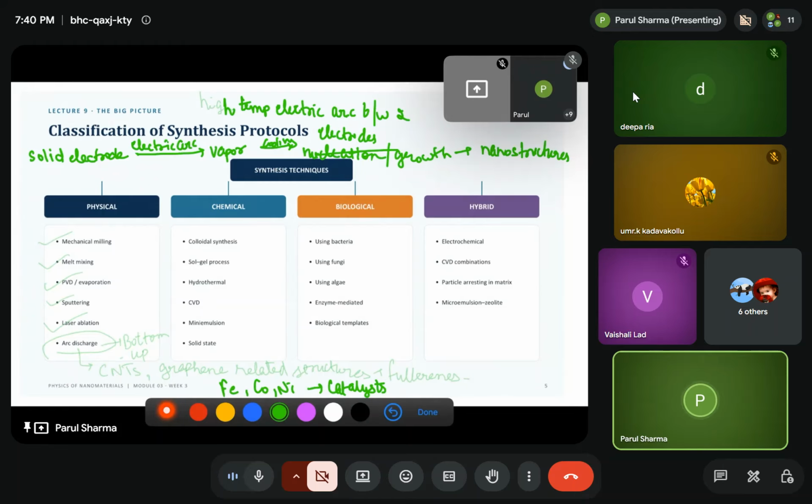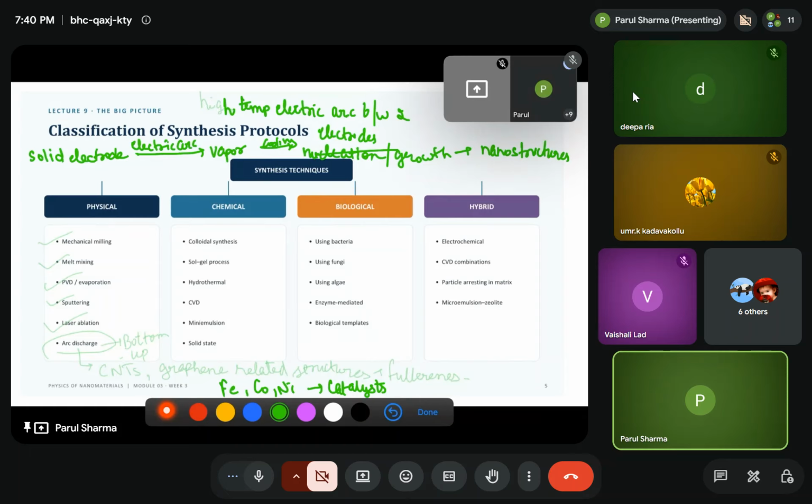So the principle is common: energy is given, vaporization happens, cooling happens, and then nucleation and nanomaterial. It's just that in one case there is optical energy, and in the other case it is electrical energy. So this was all about electric arc discharge, in which we form carbon nanotubes, amorphous carbon, and fullerenes using this technique.